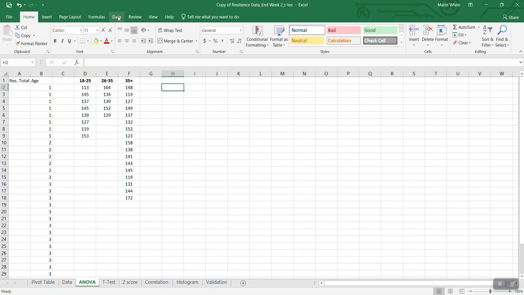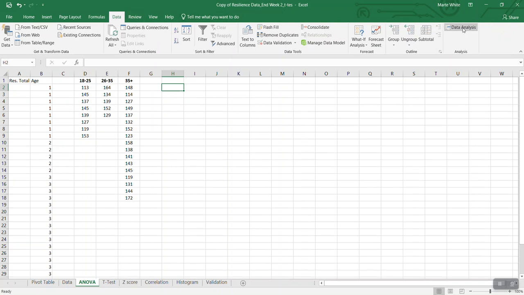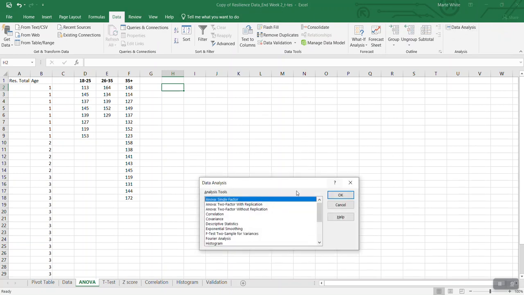So now let's see what it would look like if any of these 3 groups are different. Go to your data tab, go to your data analysis, and here we have 3 different ANOVAs. We are choosing the single factor because we're only looking at one variable that is related to the age group, and that is resiliency scores.